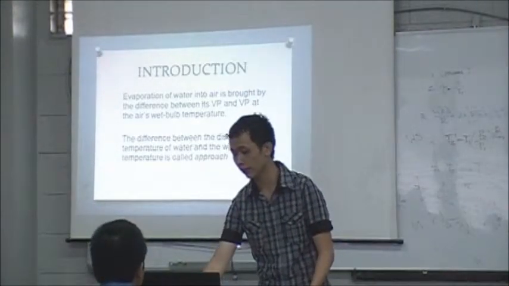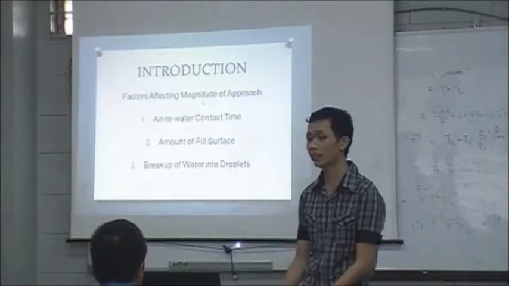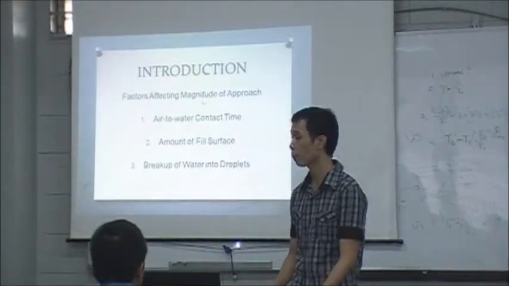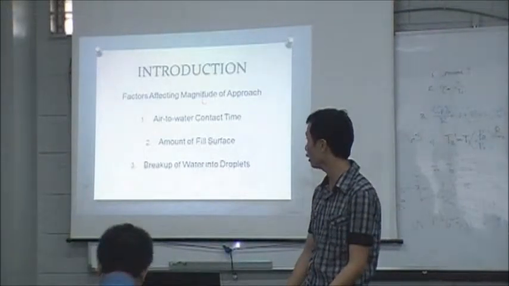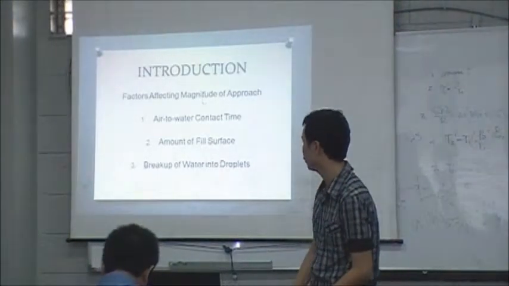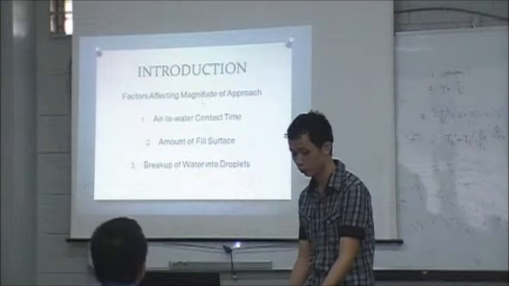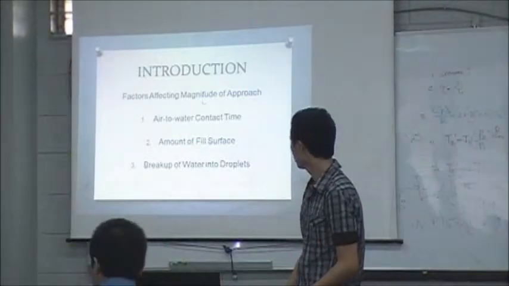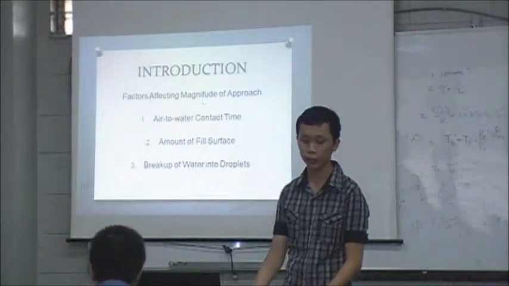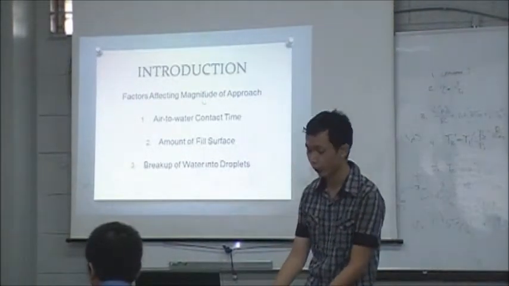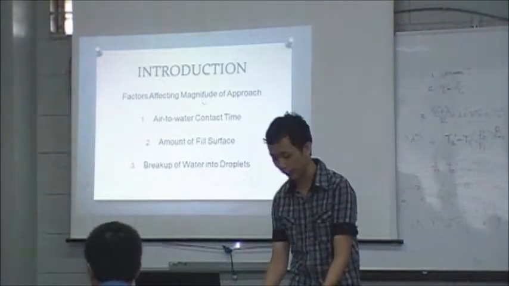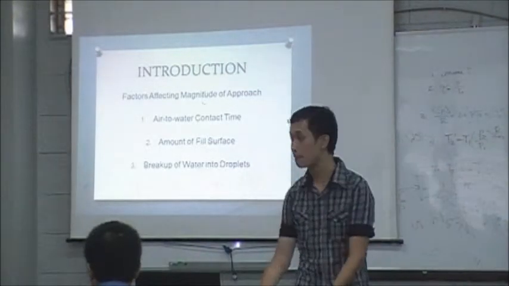So we should consider the factors affecting the magnitude of the approach. The magnitude of the approach is affected by the air to water contact time, the amount of fill surface, and the breakup of water into droplets. In practical purposes, the approach is no closer than 0.8 degrees Celsius or 5 degrees Fahrenheit.